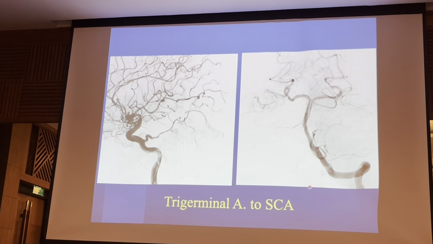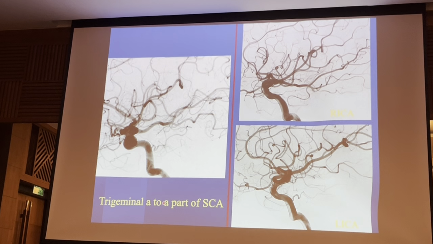Some trigeminal arteries may supply the superior cerebellar artery. This is a trigeminal artery now giving the superior cerebellar artery. You can see there is no superior cerebellar artery from the basilar artery; it is totally supplied by this trigeminal artery. In some cases there may be just part of the superior cerebellar artery territory.